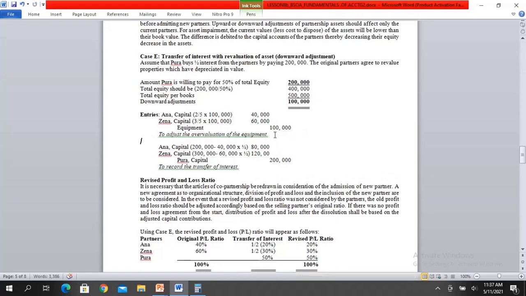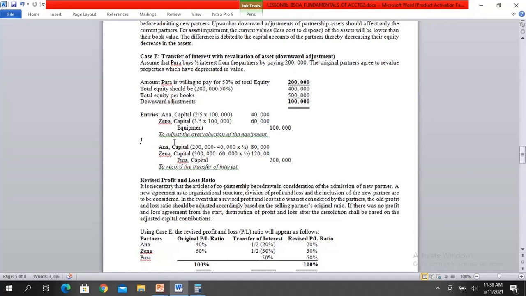So, ngayon, bago natin i-transfer, di ba, sabi dyan, yung 1/2 daw ng interest ng mga partners or ni Ana at saka ni Zina is bibilhin ni Pura ng 200,000. Pero bago nila ibigay yung interest ni Pura or yung binili ni Pura, ibabawas muna nila yung downward adjustment sa kanilang kapital. Ayan.